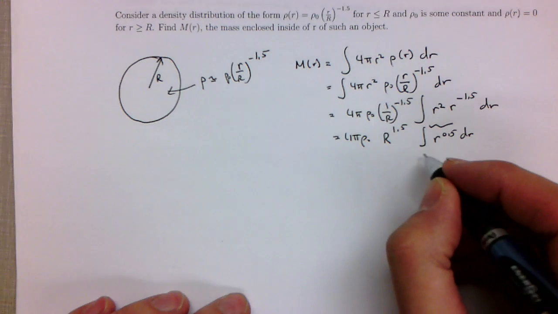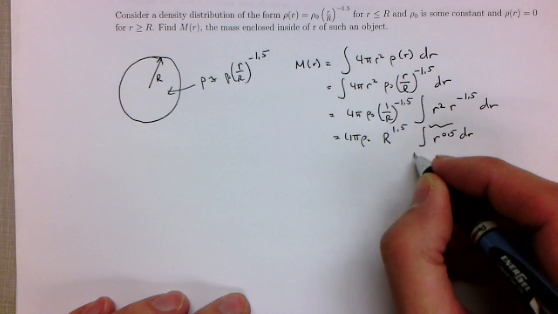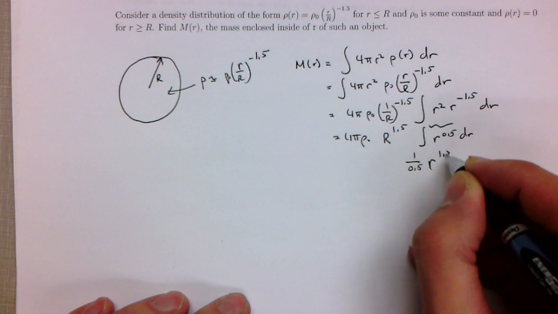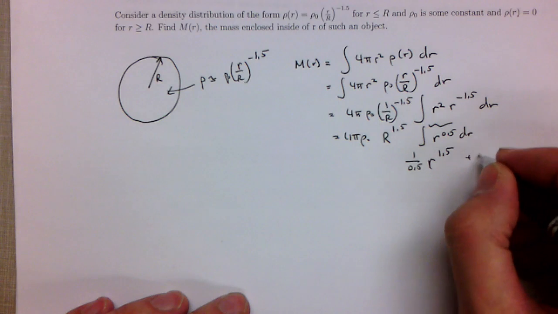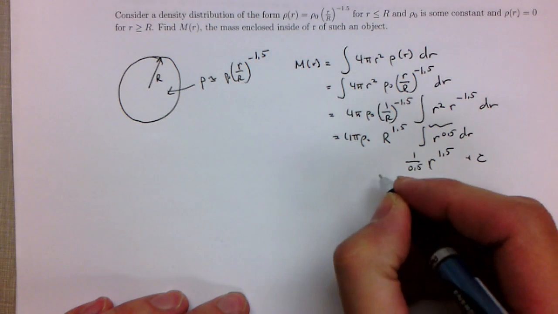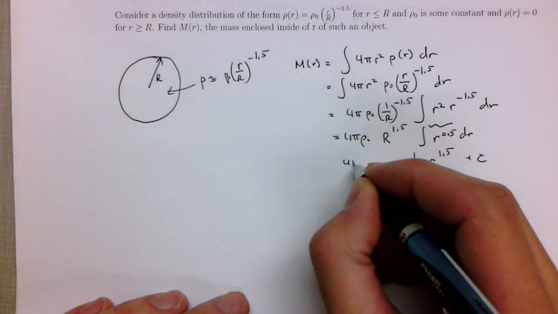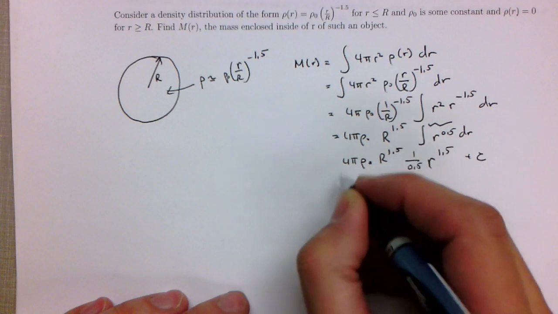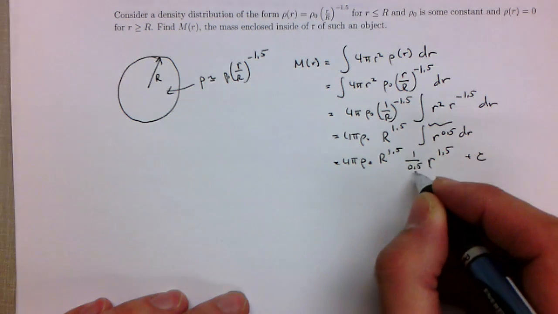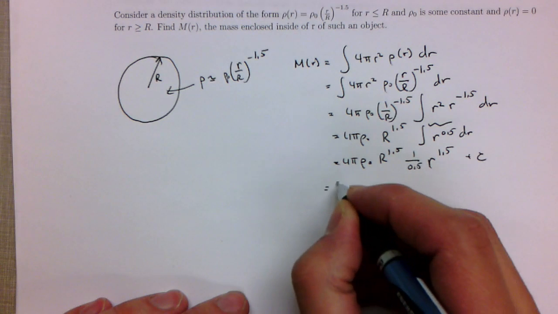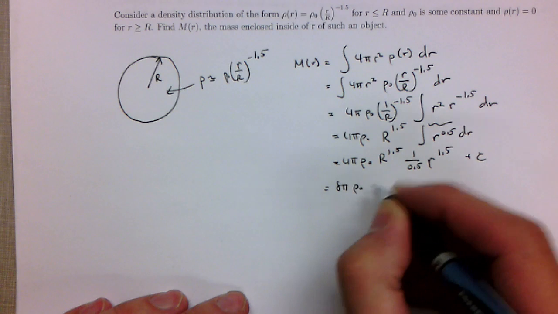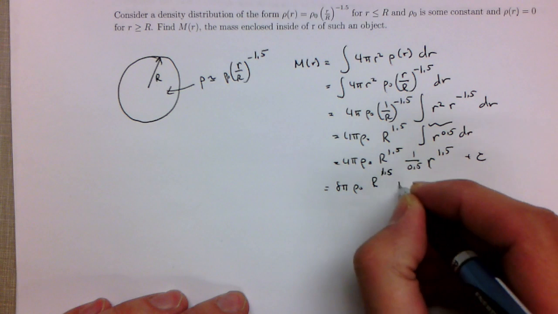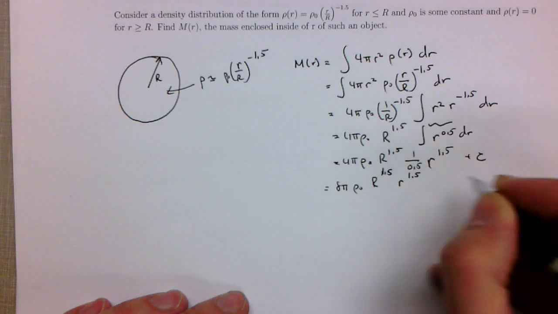Remember our method of integration: this is going to be 1 over 0.5 times r to the 1.5, plus some c, times 4 pi rho 0 R to the 1.5. In other words, 1 over 0.5 is 2, so this is going to be 8 pi rho 0 R to the 1.5, times little r to the 1.5.